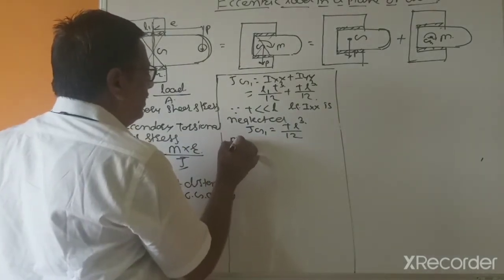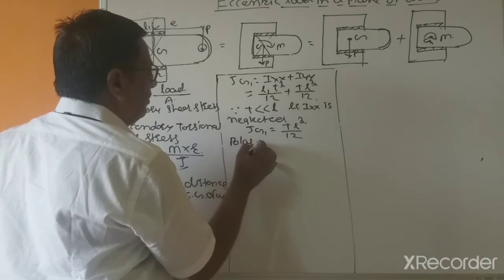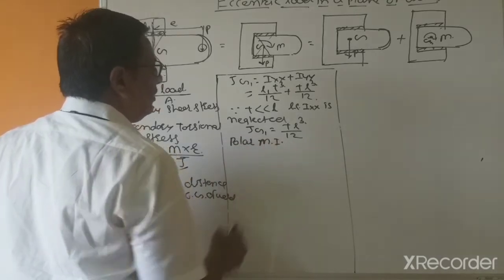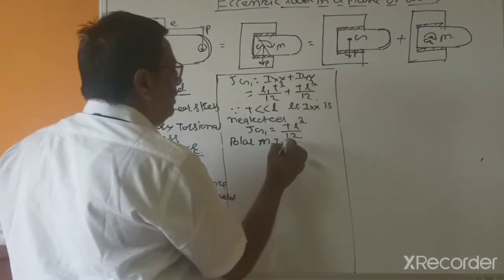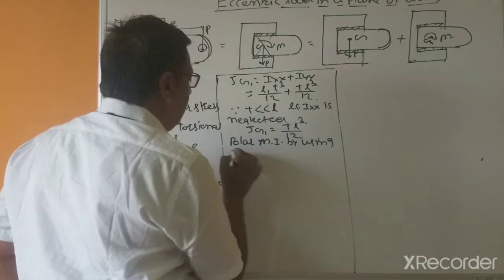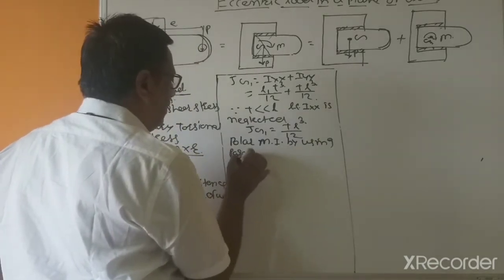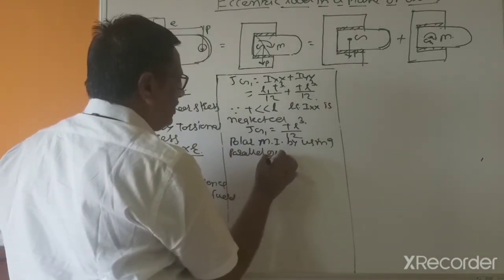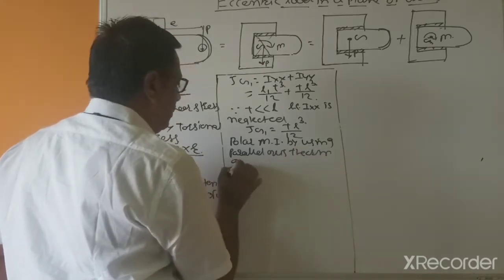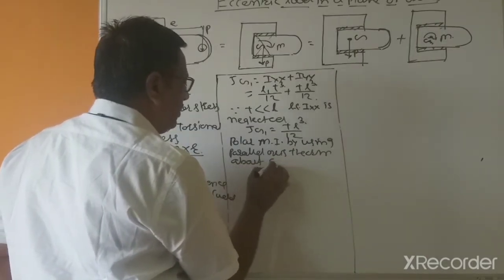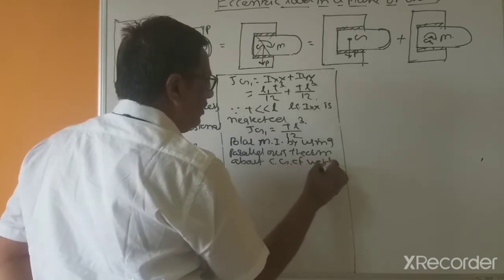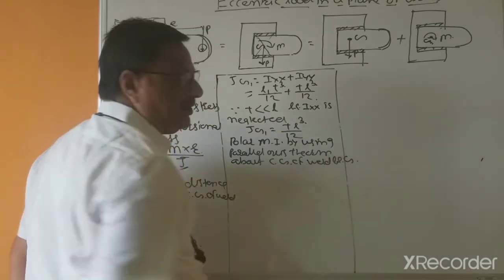Polar moment of inertia by using parallel axis theorem about the center of gravity of weld, that is G.